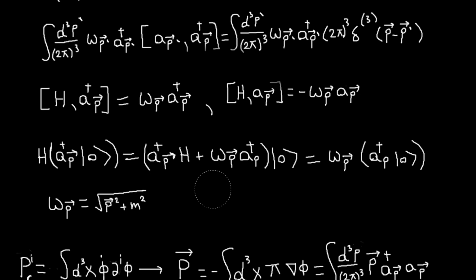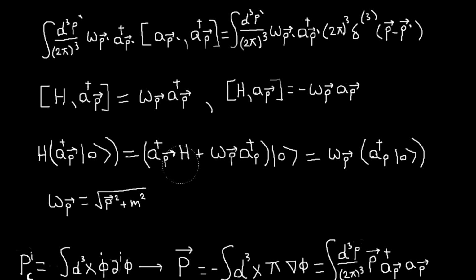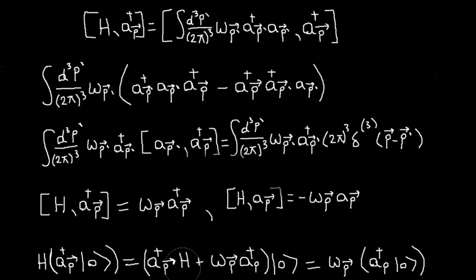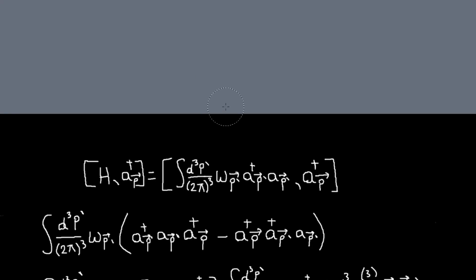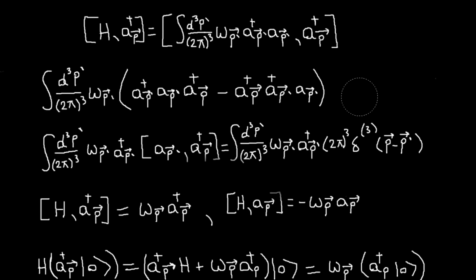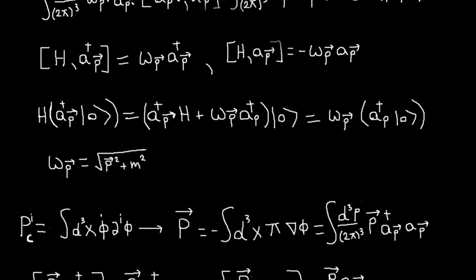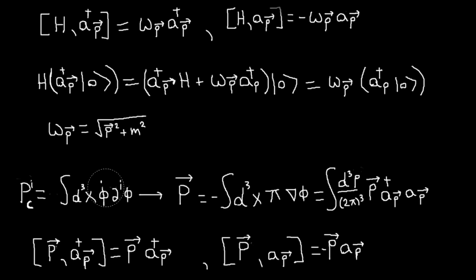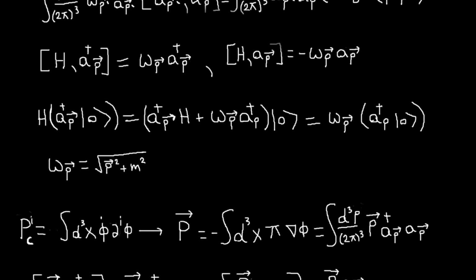So we can also define a momentum operator. Just like to find the Hamiltonian, we took the classical Hamiltonian of the Klein-Gordon field and then quantized it. Using our expression for the classical momentum for the Klein-Gordon field, we can expand our fields in terms of raising and lowering operators, just like we did with the Hamiltonian.